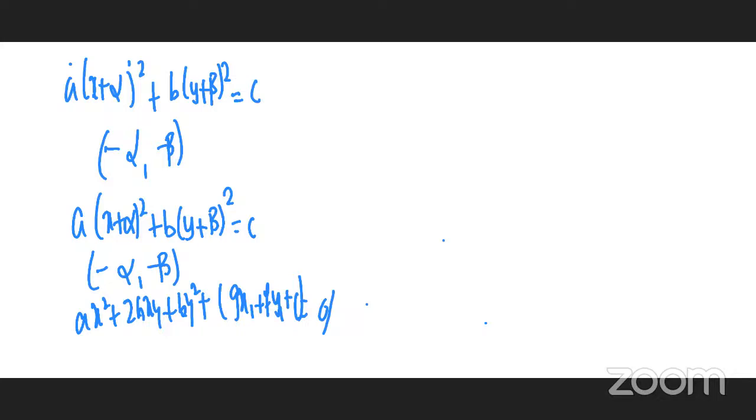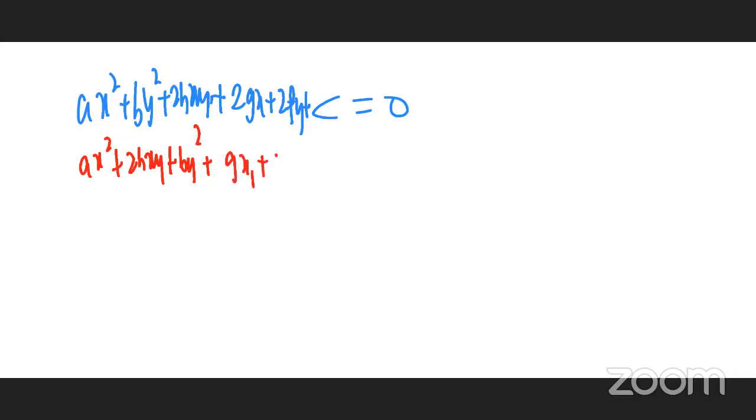Whatever I'm telling, the third corollary is: if my equation is ax square plus by square plus 2hxy plus 2gx plus 2fy plus c is equal to 0, S is equal to 0, then the entire equation can be transformed into ax square plus 2hxy plus by square plus g1 plus fy1 plus c is equal to a constant.